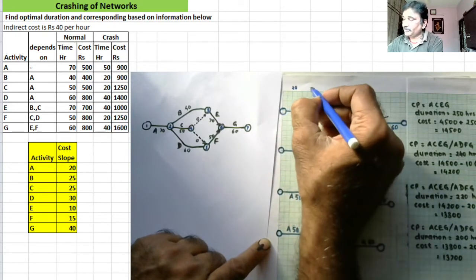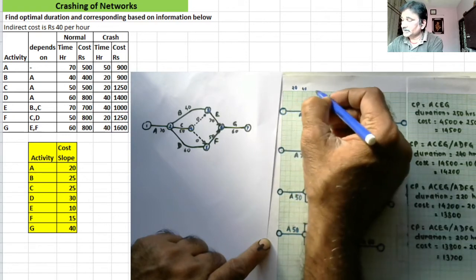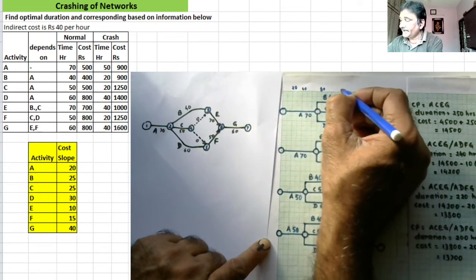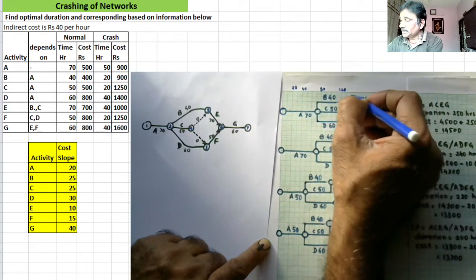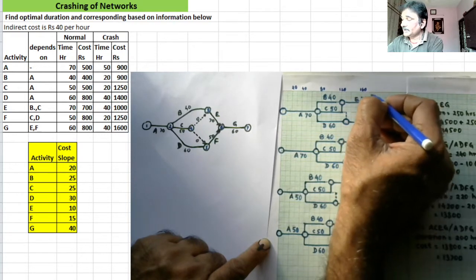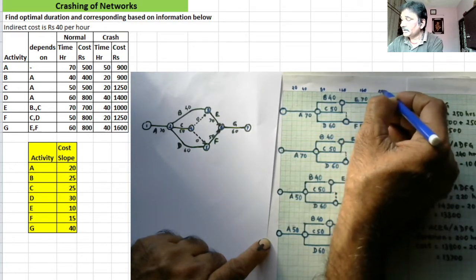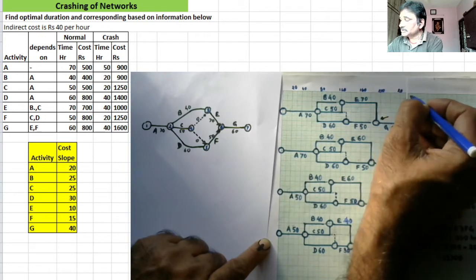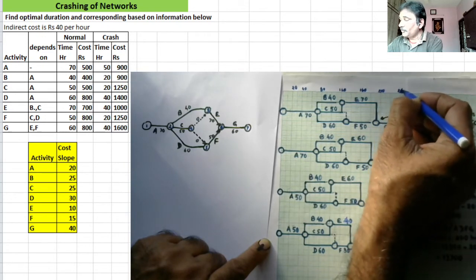So here is 40, 60, 80, 100, 120, 140, 160, 180, 200, 220, 240, and the last node is coming at 250.